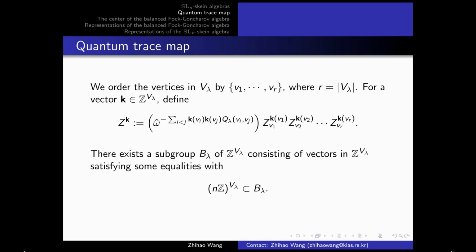You just keep in mind that we can define this subgroup using a collection of equalities. Another important property is this inclusion. It just means, you will see later, this X is contained in this subalgebra. So now we have a subgroup, which we call the balanced part, and we will use this subgroup to define a subalgebra of the Z quantum torus.